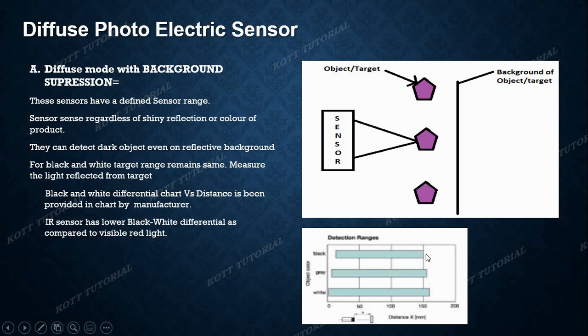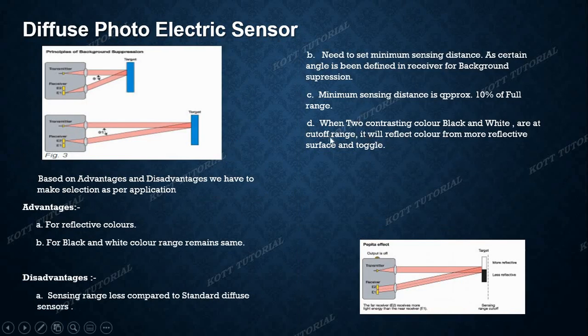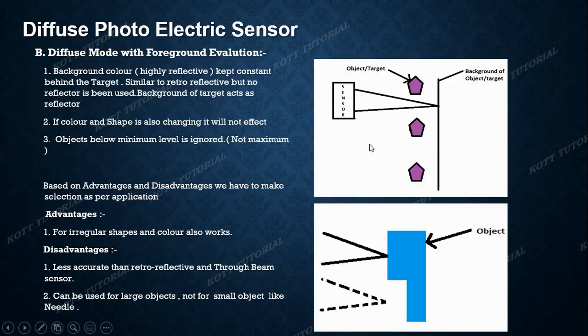If we are using the product at a cutoff range, it will not give better performance. It will always toggle or may show a false reading. So always keep the product lesser than the maximum sensing range of the sensor. So this was the point which is being explained there.